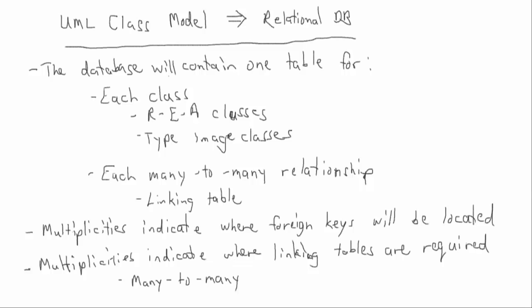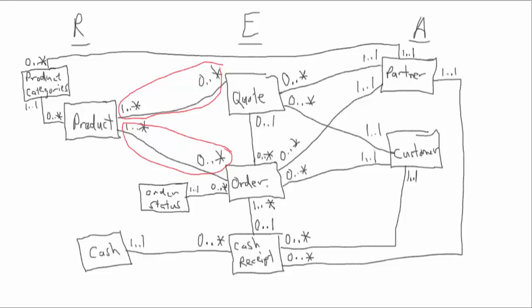So if we go back to our diagram, then we can see and start counting how many tables we need. So let's start with our basic REA tables here. We'll do those in green. So REA. Well, we've got 1, 2, 3, 4, 5, 6, 7. 7 tables, 7 classes.